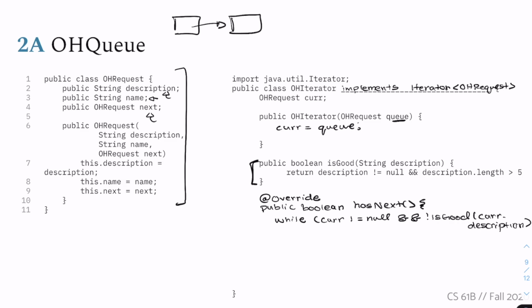Is good cur.description. We will iterate through our list. And once we hit either the end of our list or we hit an office hour request that has a good description, we can return it. So if cur equals null, then obviously there's nothing left to iterate through, so we will return false. And otherwise, we will return true.